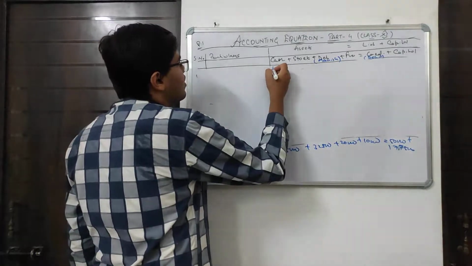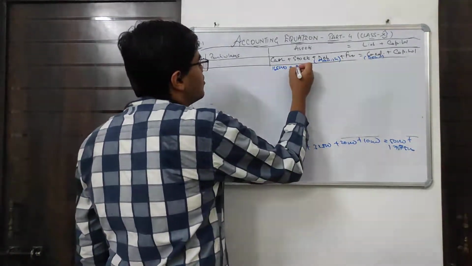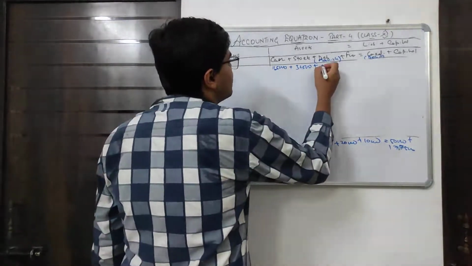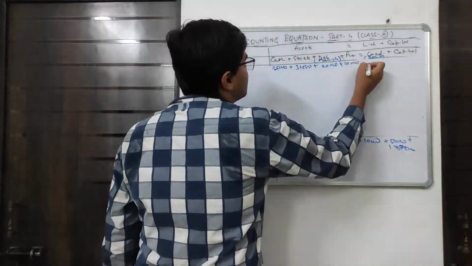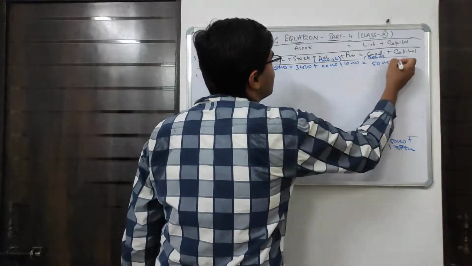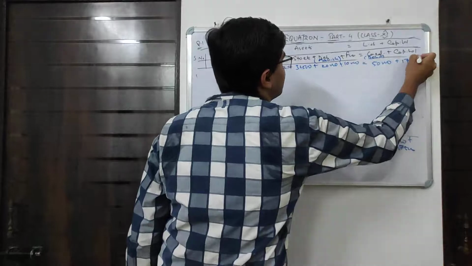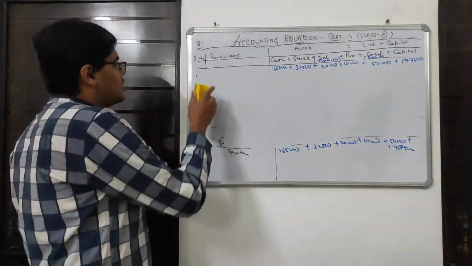Cash will be 1,65,000, stock will be 32,500, debtor will be 20,000, furniture will be 10,000, creditor will be 50,000, and capital will be 1,77,500. Now moving on to our next transaction.